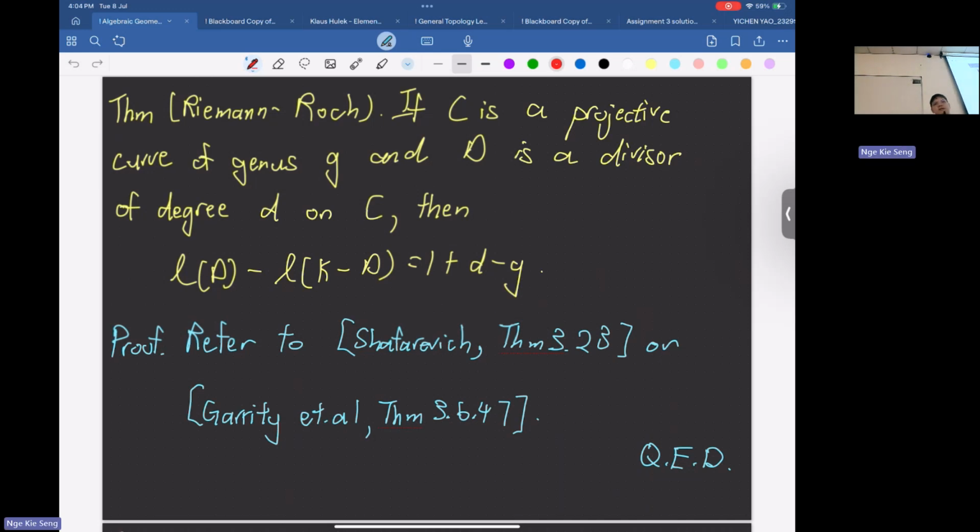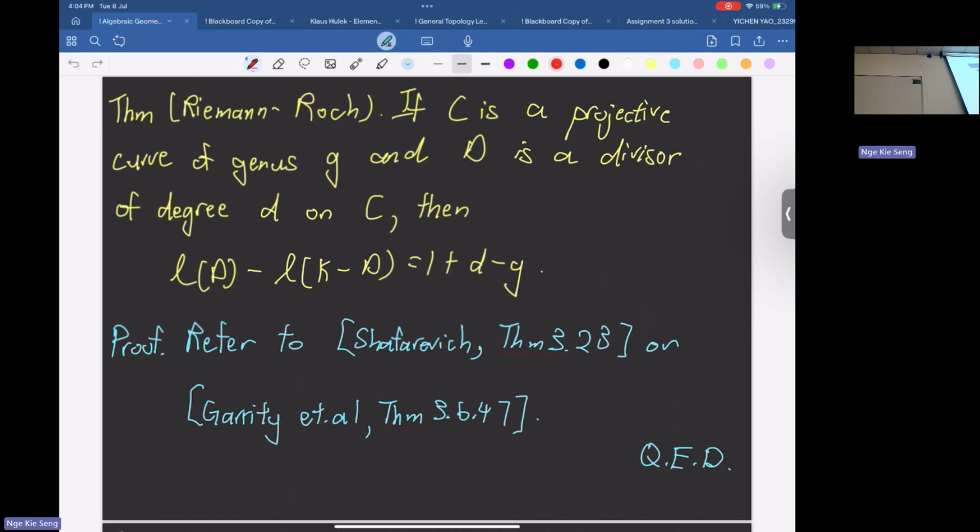What's canonical about this divisor? Something about one form. Yes, something about one form. So this canonical comes from another vector space, right? So what is the vector space that we considered yesterday?